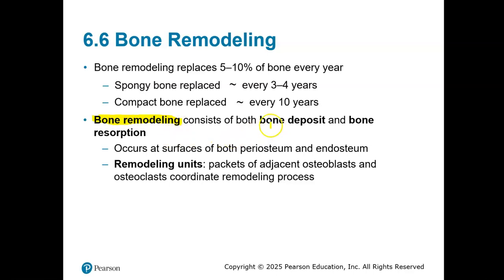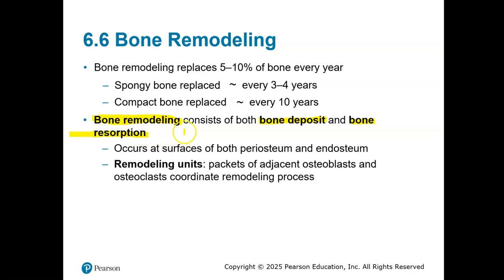Bone remodeling consists of depositing new bone matrix with the action of osteoblasts, and then bone resorption. It's called resorption because bone tissue is breaking down, osteoclasts are breaking down bone tissue, but it's the calcium and minerals being reabsorbed back into the blood.